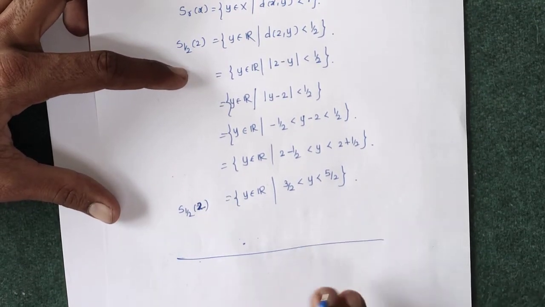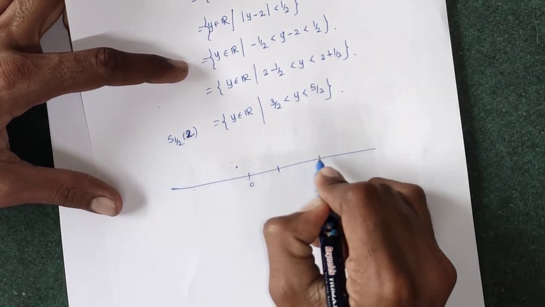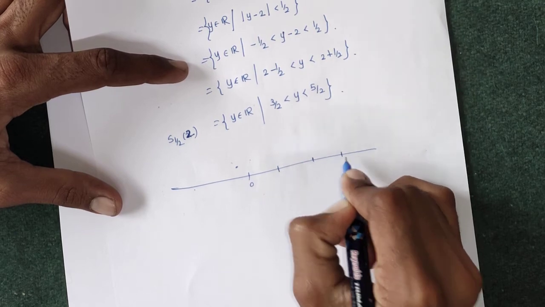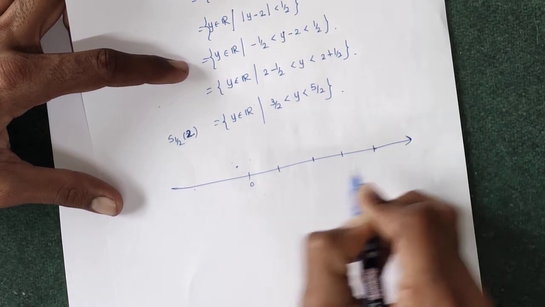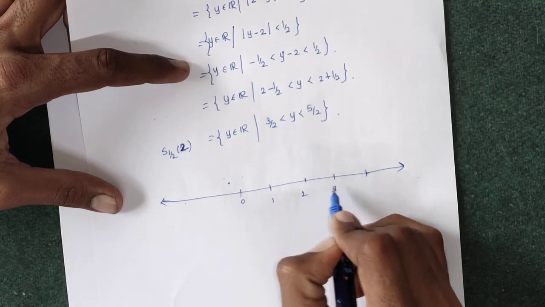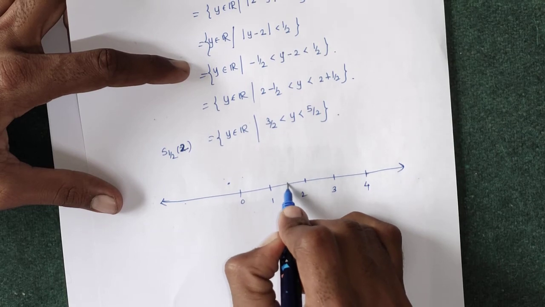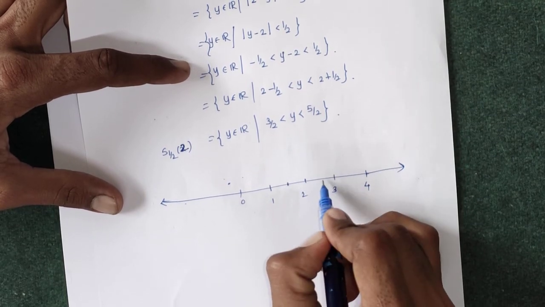So this is the real line. Suppose this is 0, then 1, 2, 3, 4. This is the real line, and we have to sketch this. Then 3 by 2 is this point, and 5 by 2 is this.